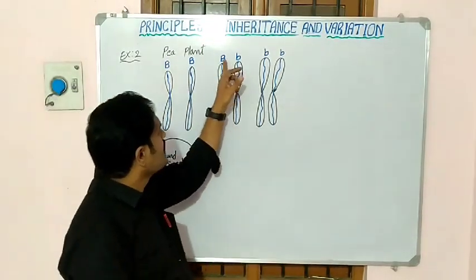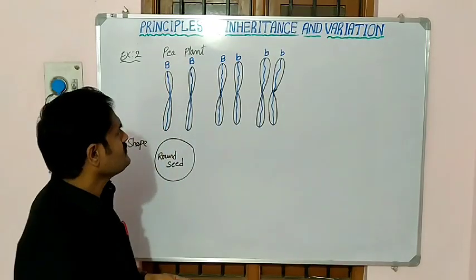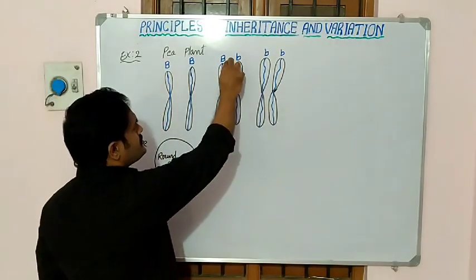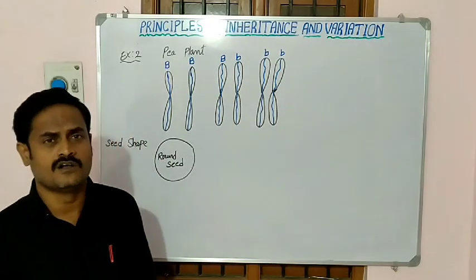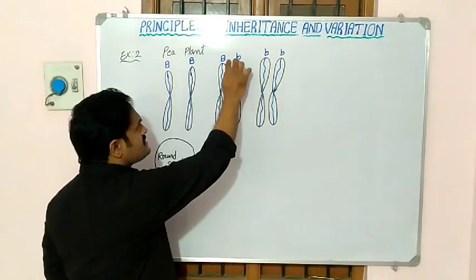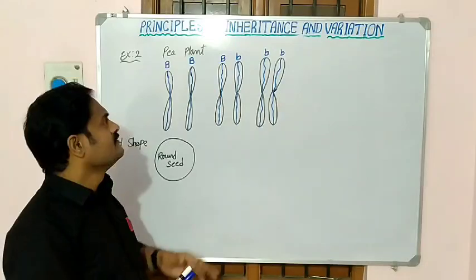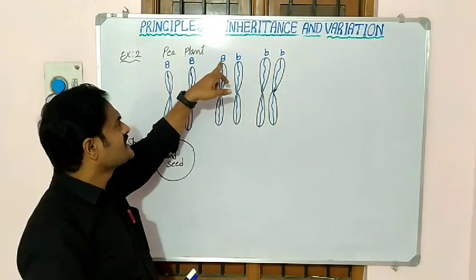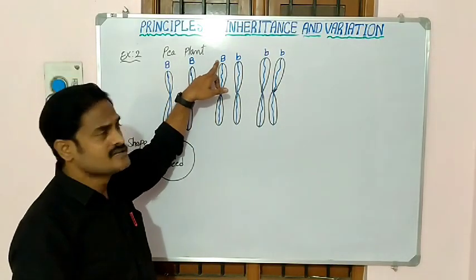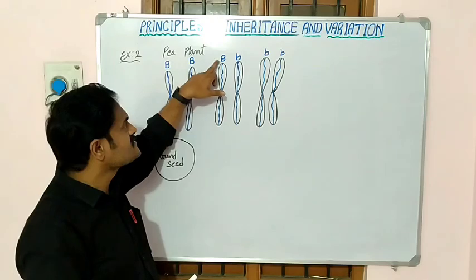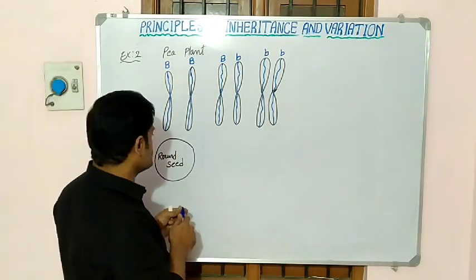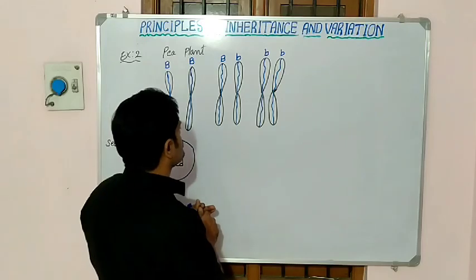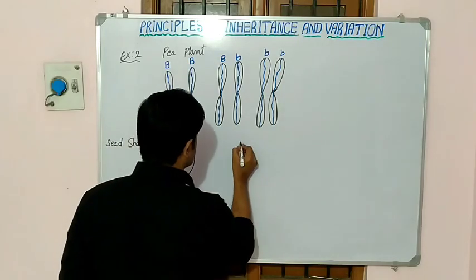Okay, coming to the second one. When we observe the second pair, capital B and small b, which is dominant here? Capital B is also present, so here also it is dominant. So it also forms the round seed.